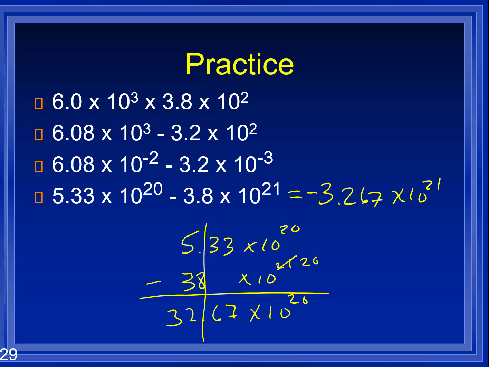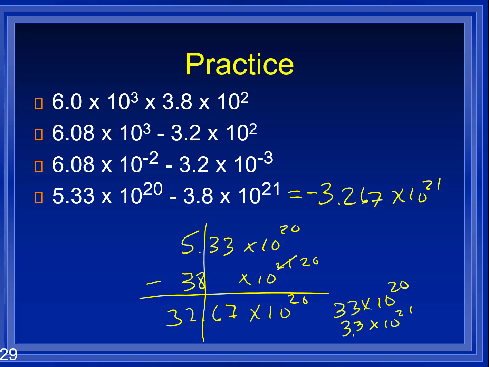Everybody see the 2 is an estimate? The 6 and the 7 I have no idea about. So that makes it really negative 33 times 10 to the 20th, but 33 is not between 1 and 10. So I get negative 3.3 times 10 to the 21st.